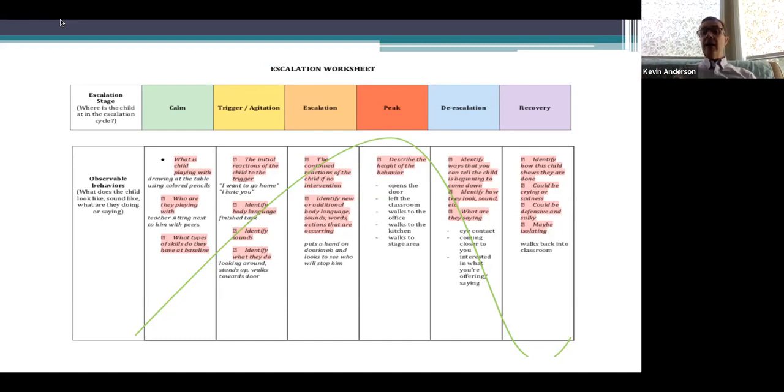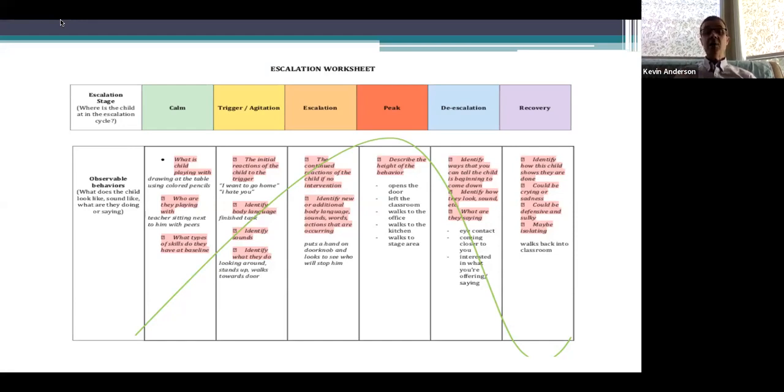Then the escalation continues and we know that the child is going to hit that peak, that point where challenging behavior starts to occur. Describing that behavior, what does it look like? Because all children are different, right? All of your children have different behaviors that they engage in when they get to that point. In this example, they open the door and leave the classroom.